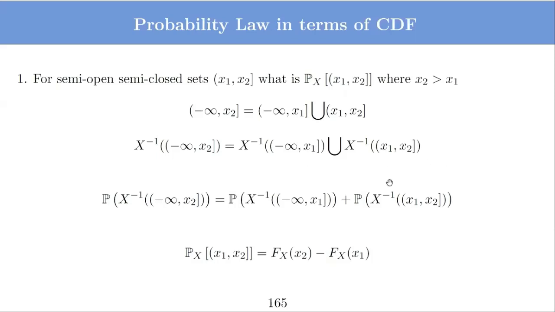So these two are disjoint. So from this we have applied the probability measure property, and now you can notice that this is the probability of the pre-image of this set.